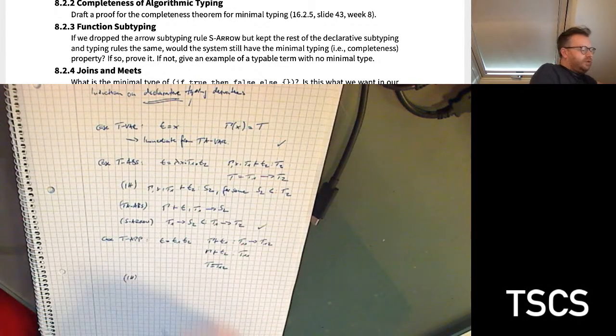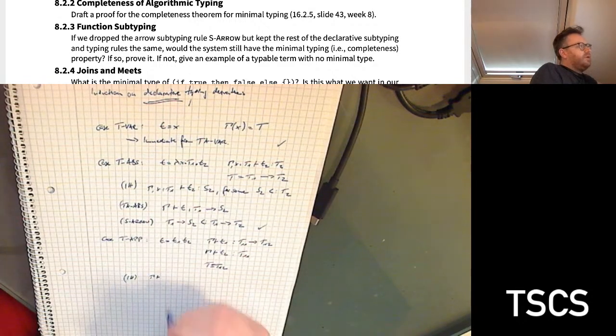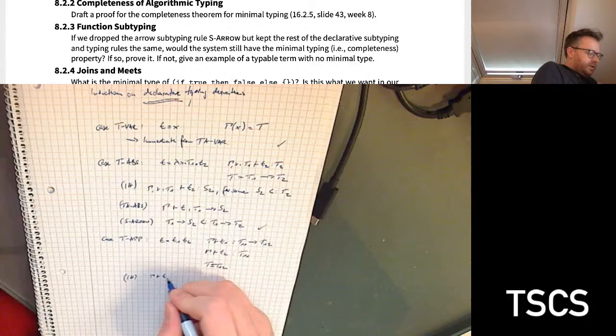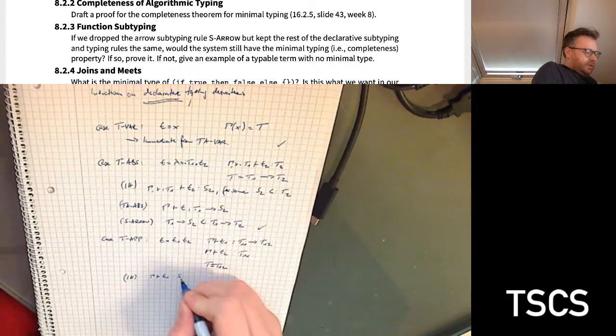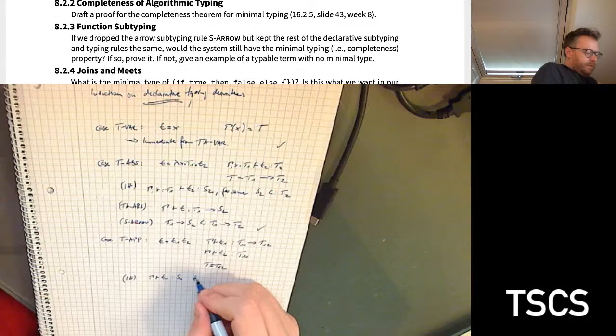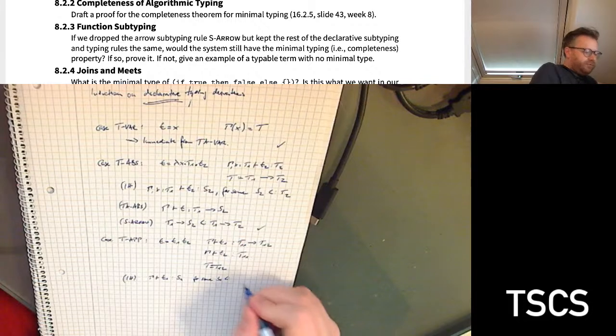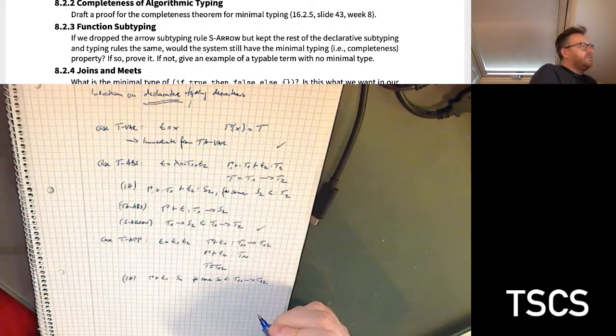What we know from the induction hypothesis is that it is valid for valid subterms. So under the assumptions of gamma, t1 is typed as s1 for some s1, which is a subtype of t11 to t12, if I'm not mistaken. Yes.